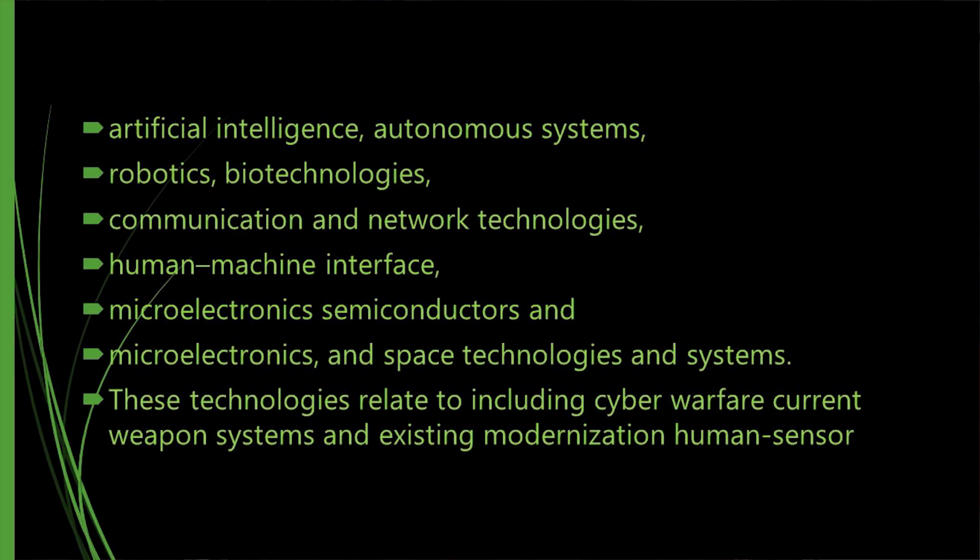These technologies relate to, including, cyber warfare. See how things are changing, how we are getting near to very dangerous materials, including cyber warfare, current weapon systems and existing modernization, and human sensors.